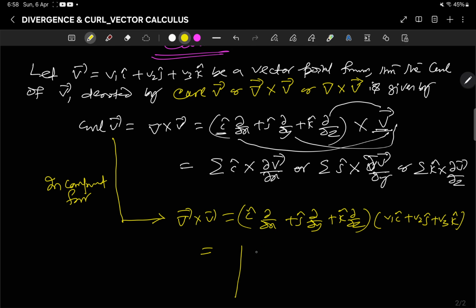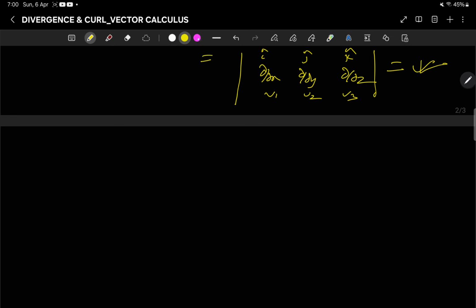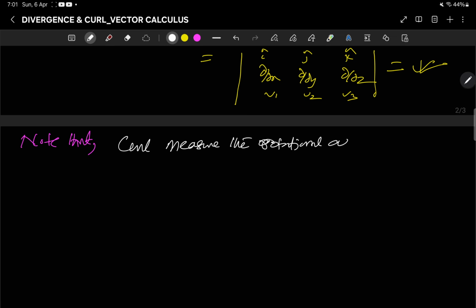We find the determinant with rows i, j, k; ∂/∂x, ∂/∂y, ∂/∂z; V1, V2, V3. We just evaluate this determinant to get the curl of the vector V. So you note that curl measures the rotational aspects of V.